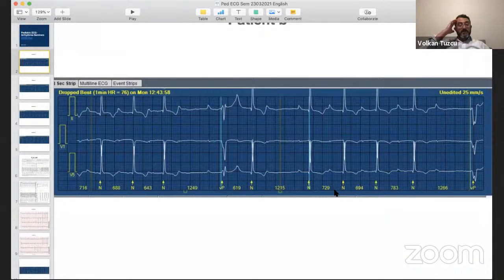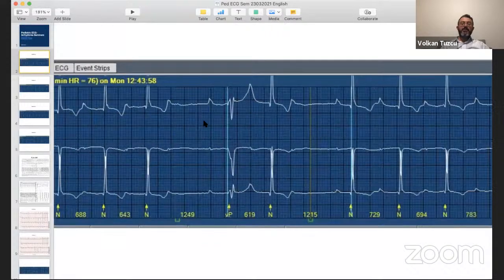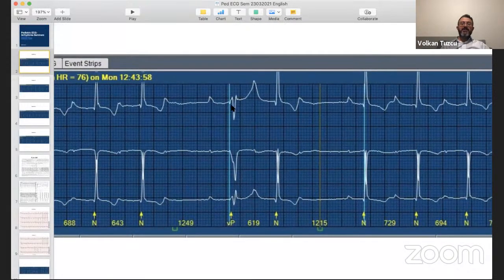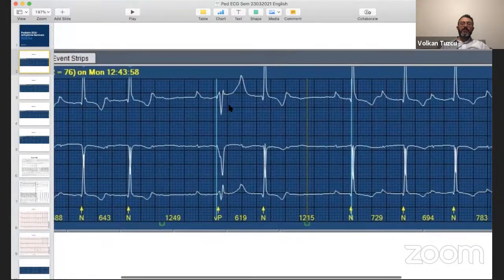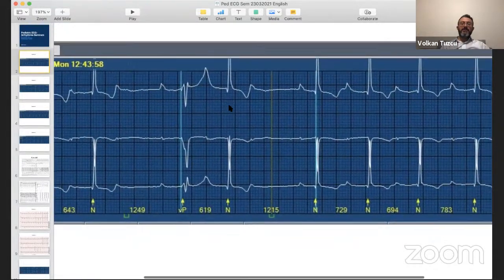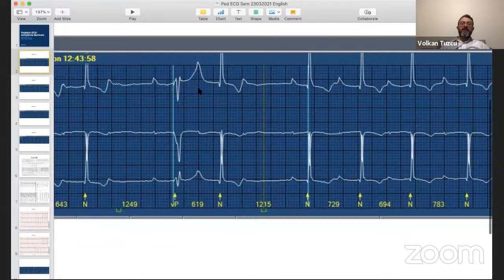So if this was a dual chamber pacemaker, what you would see, I think it may be difficult to comment on this part because maybe it's atrial sensing ventricular pacing, right? We don't know what the AV interval here is. But what's unlikely is that if this is the sensed AV interval, let's say this one is much shorter, okay?